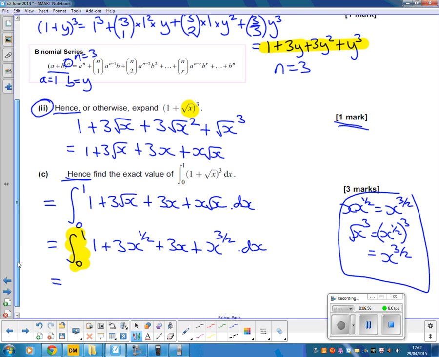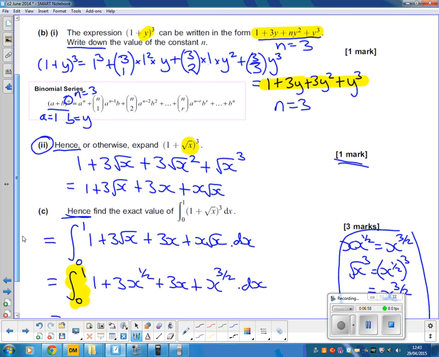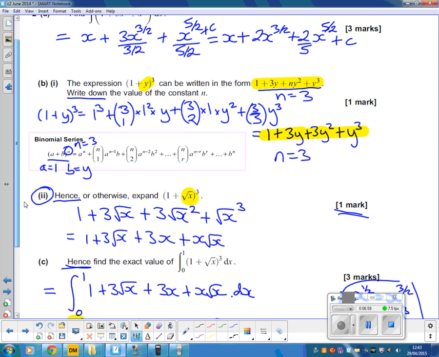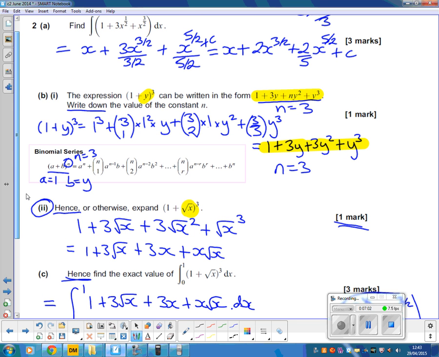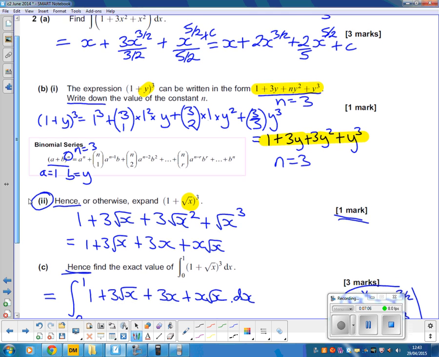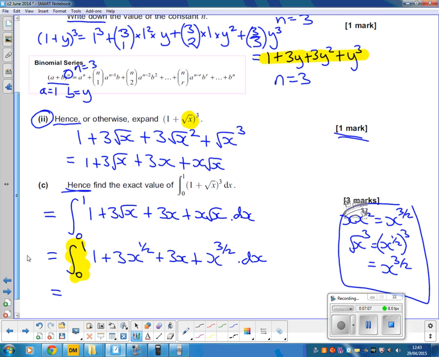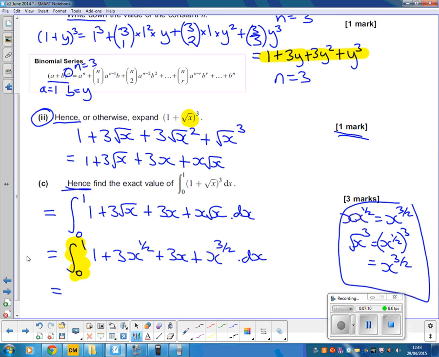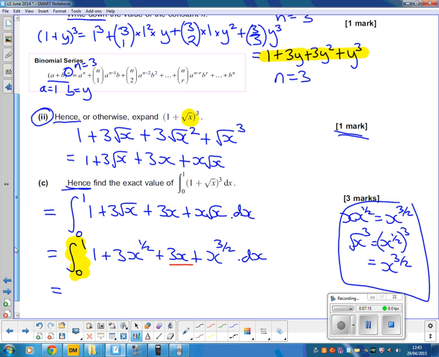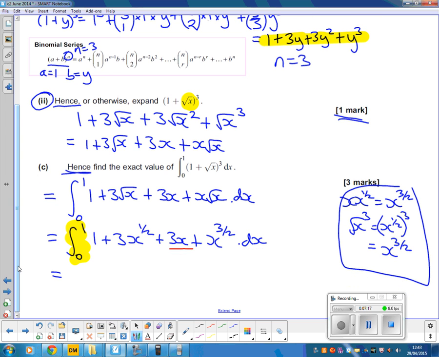There is also a bit of help in the question, because if you go all the way back to part A, in part A we've already integrated 1 plus 3x to the half plus x to the 3 over 2, and we've got almost exactly the same except with a 3x term in it. So we've already integrated this once in the question.